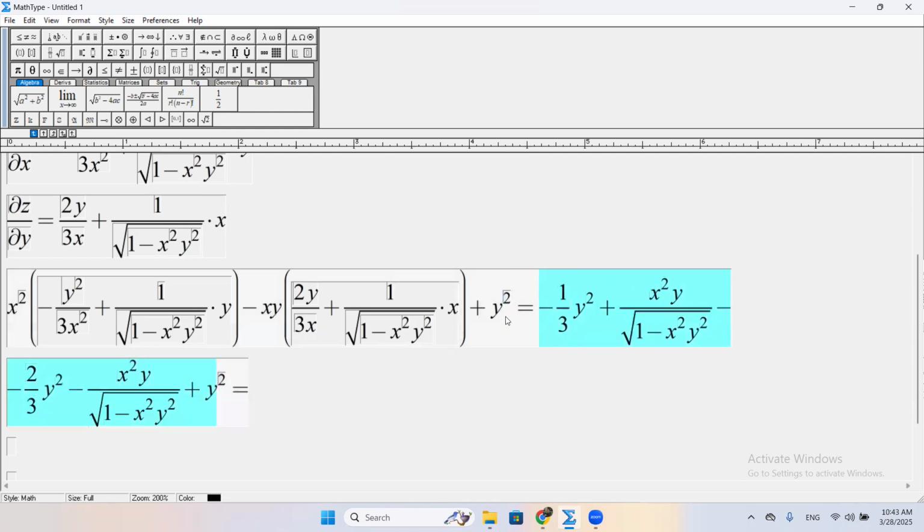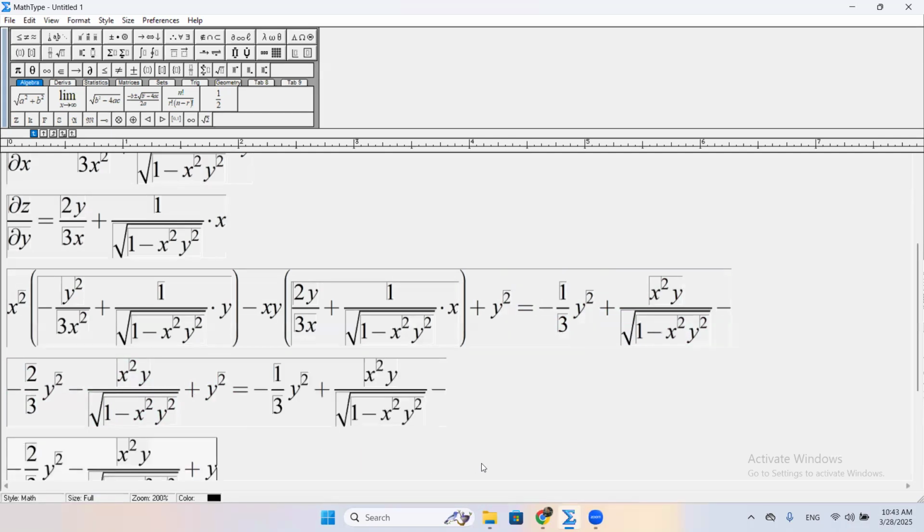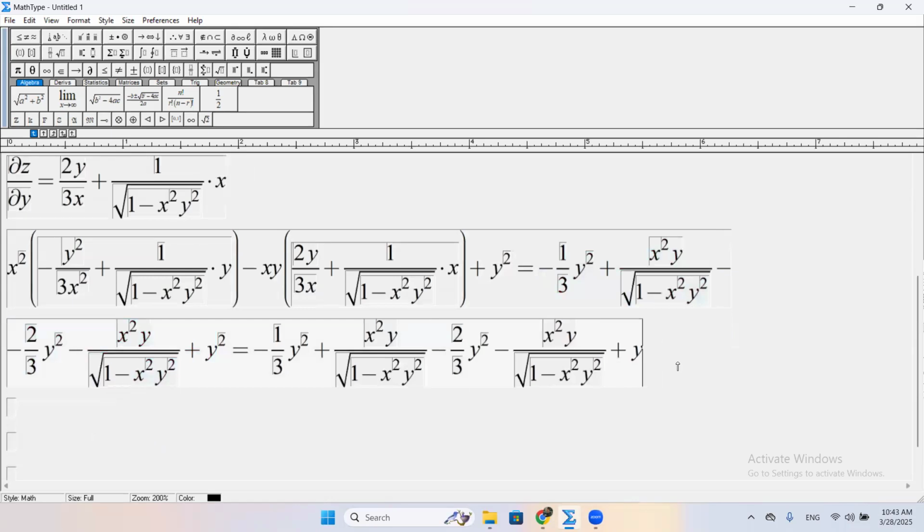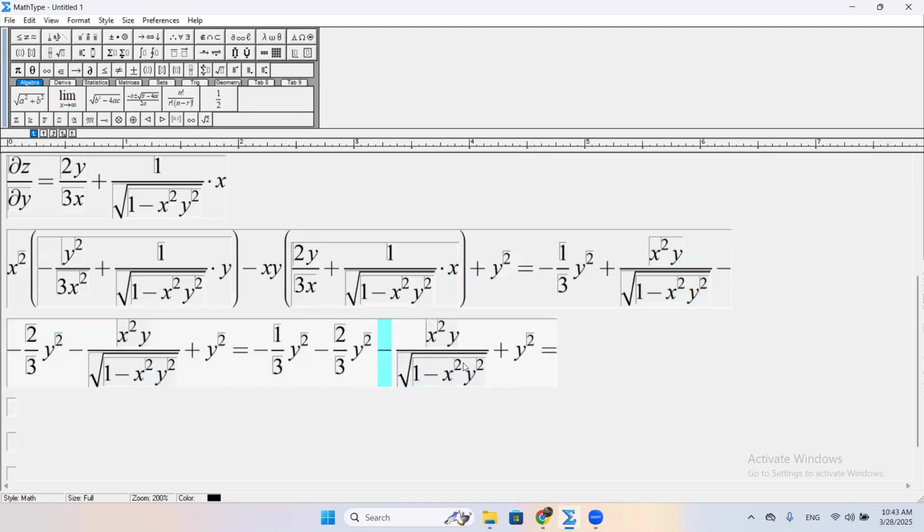So what can we see now? So now we can cancel these fractions, and here we see that minus 1 minus y squared plus y squared equals 0.